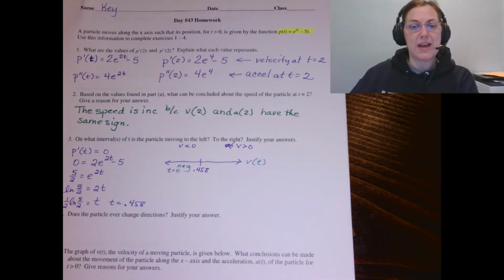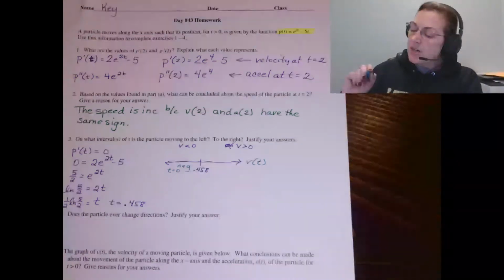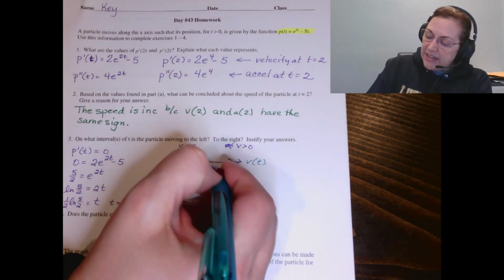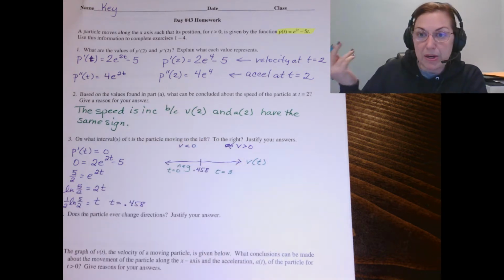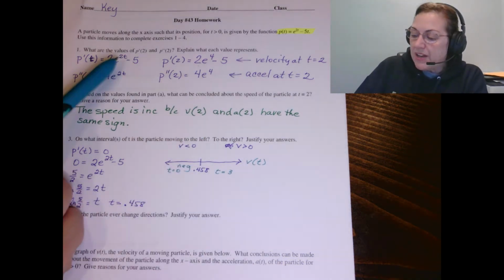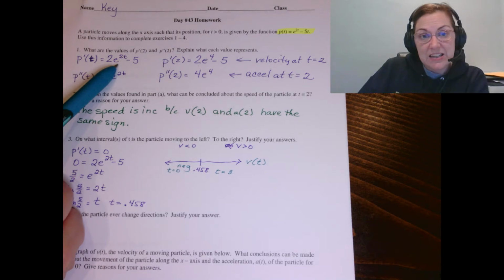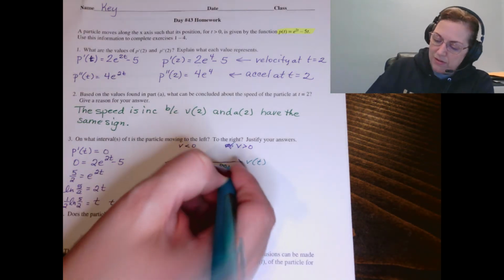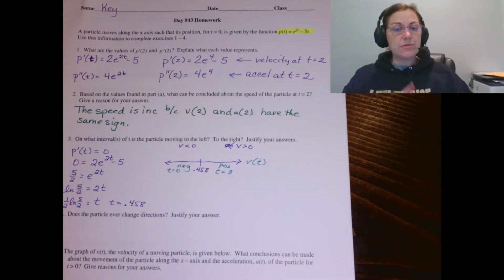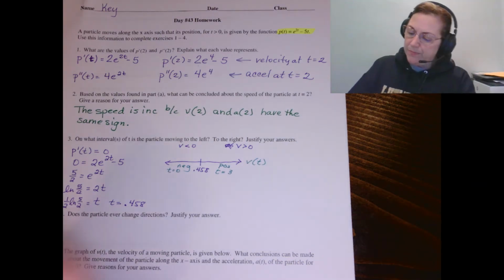Let me make sure and do that. Then I'm going to test t equals 3. Make up a number, any number over there. So I've got e to the 6th times 2 minus 5. That's going to be positive. Check those on your calculator if you need to.